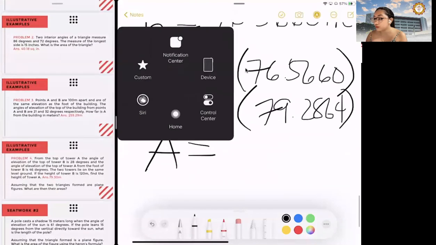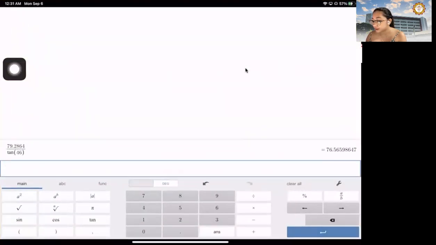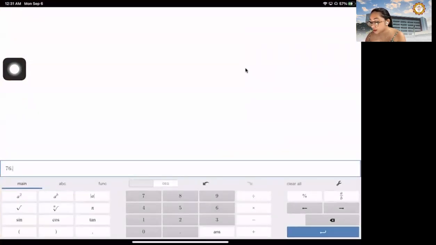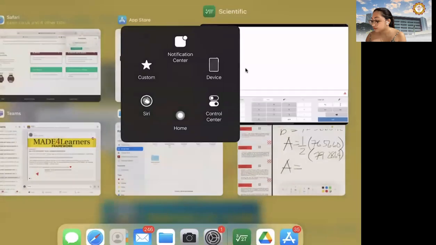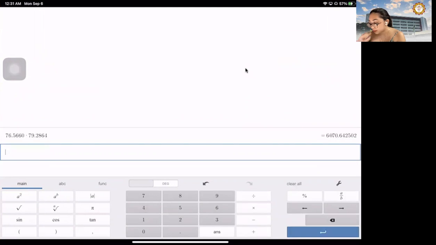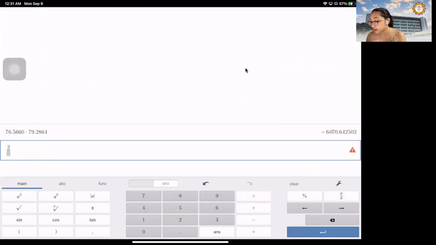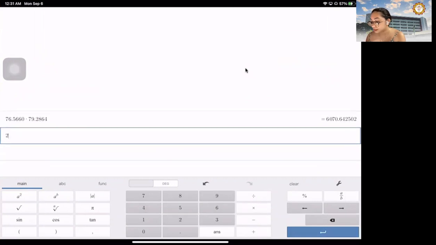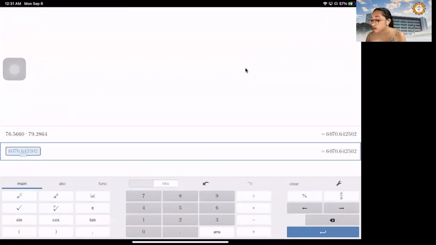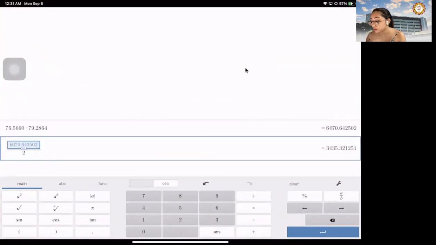So area is equal to 76.5660 times 79.2864, divided by 2, because it's 1/2.